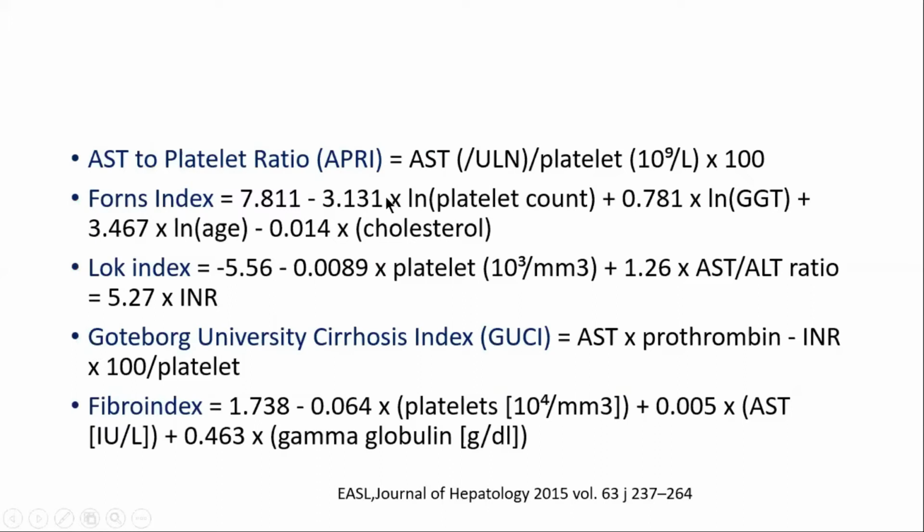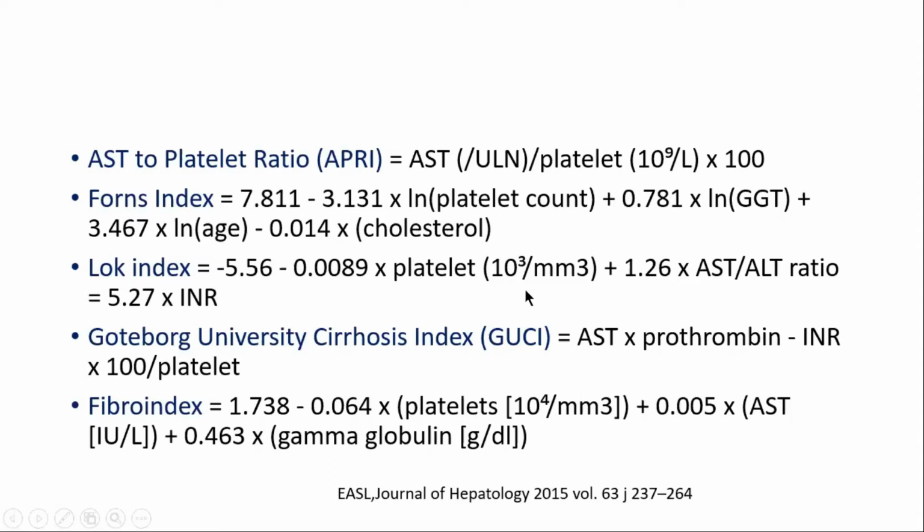AST to platelet ratio, which is commonly known as the APRI test. This is measured as patient AST divided by the upper limit of normal level, which is 40 units per liter, and divided by platelet count, times 100. And Forns index, which includes platelet count, gamma glutamyl transferase, patient age, and cholesterol.